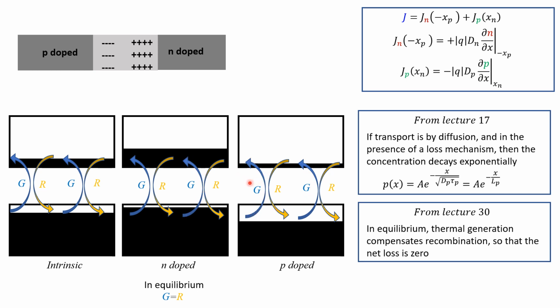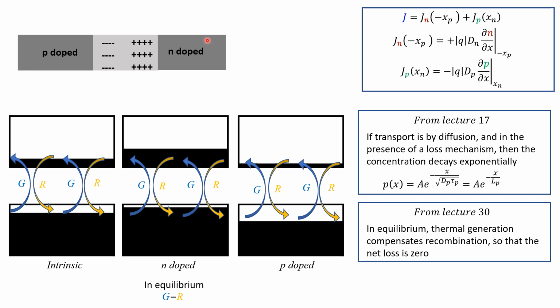This thermal excitation is a generation process because it generates free electron-hole pairs: every time an electron is excited from the valence to the conduction band, it creates a new free electron-hole pair. So when we are in equilibrium, the two processes compensate each other. They are equal, so the net loss mechanism is zero in equilibrium.